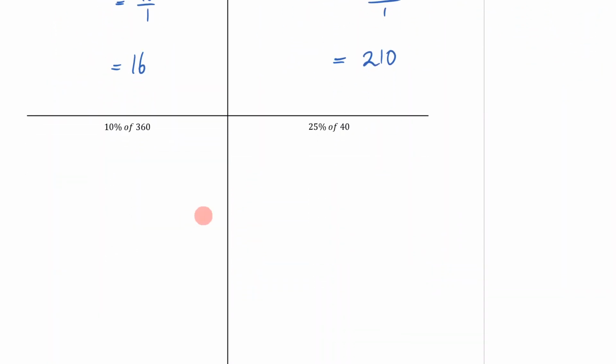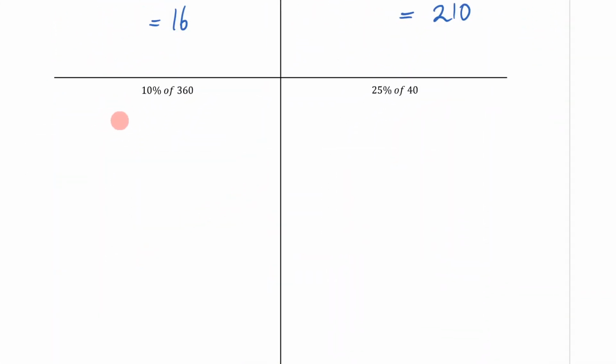Next one, 10% of 360. So remember, we're going to write 10% as 10 over 100 times 360 over 1. What can I simplify here? I can simplify this 0 with this 0. Nice and good. Then I can simplify this 0 with this 0. That's pretty good as well.